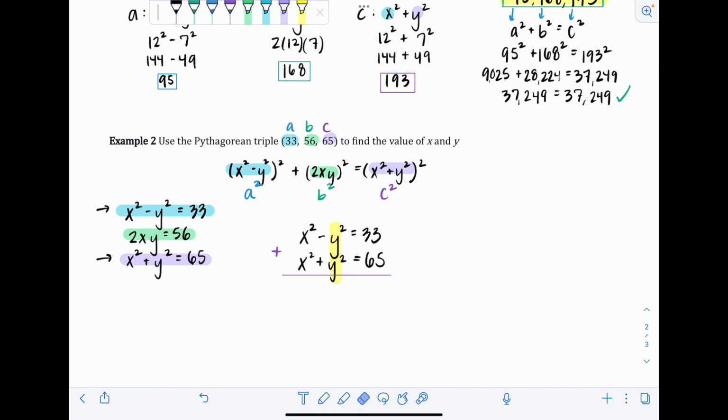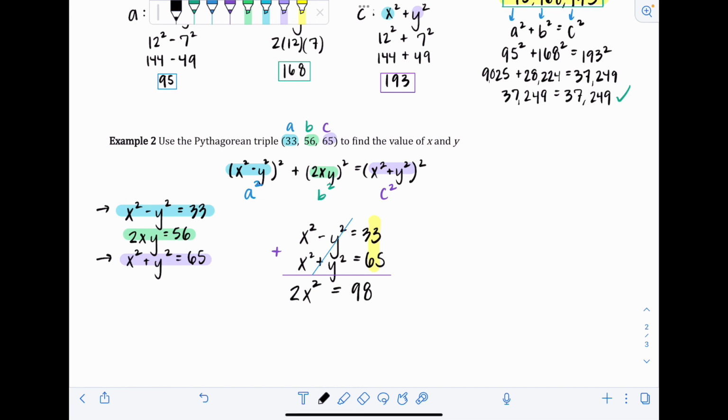So we just go left to right. x squared plus x squared would become a 2x squared. You just add the coefficients and the powers stay the same. And then negative y squared plus y squared would cancel out because it's the same term, just one is positive, one is negative. And across the equal sign, 33 plus 65 is 98.